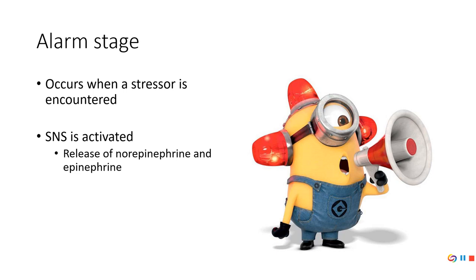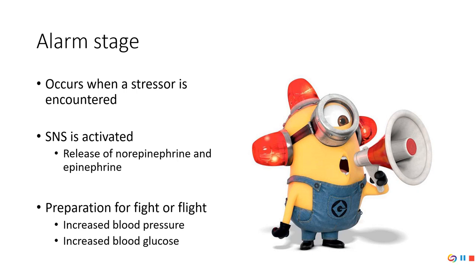And sometimes you can feel this, like, right, you're watching a scary movie and you're startled. Your stress response kicks in, and so you kind of feel that release of norepinephrine and epinephrine in your chest. Ultimately, what you're doing is you're preparing to run or fight something. And so as a result, blood pressure is increased and your glucose in your bloodstream is increased, so you have energy for your muscles when you do fight or flight or run away.